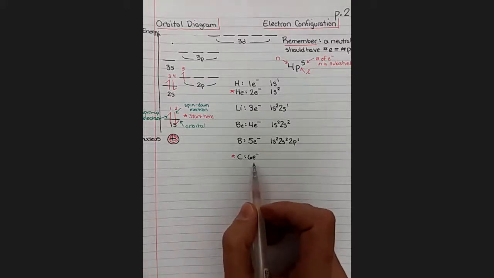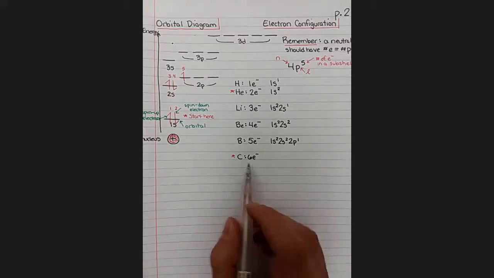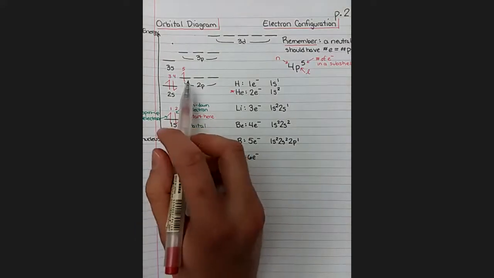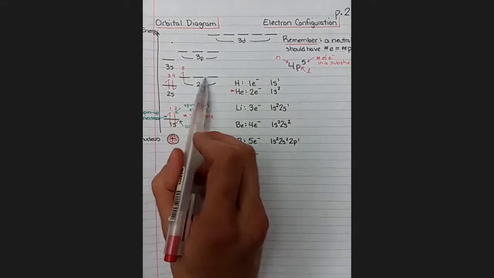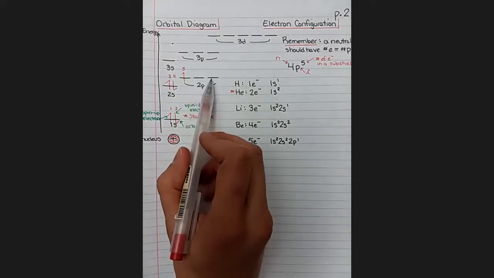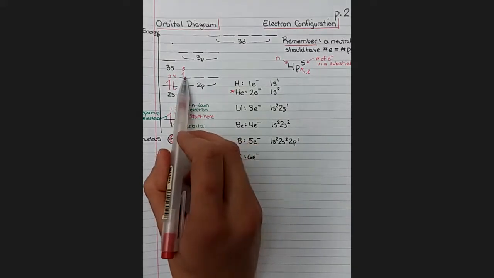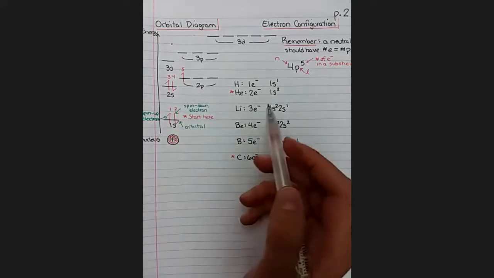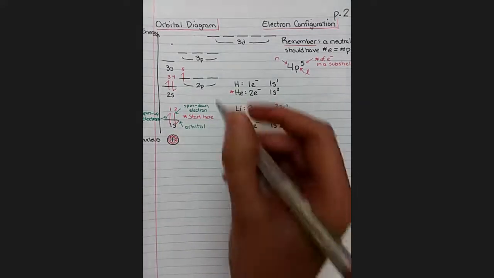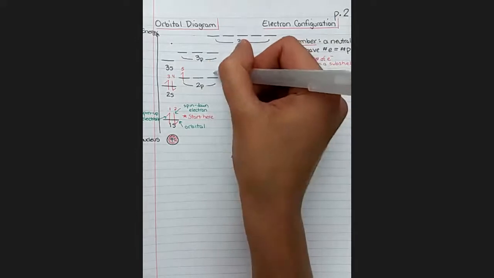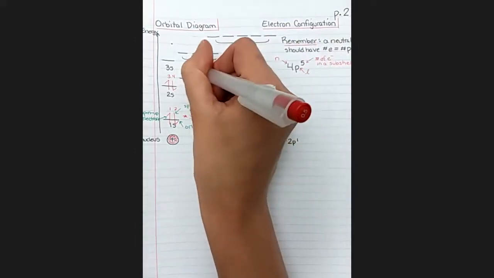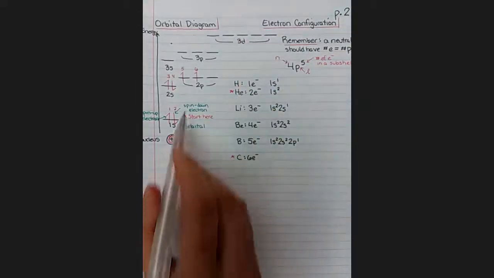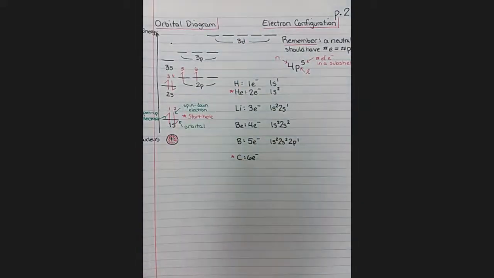So according to Hund's rule, when we're deciding where to put that sixth electron, we were told that it's a lower energy option to put the electrons individually into different orbitals rather than to double them up in the same orbital right away. So I can choose to put my sixth electron in the second orbital or the third orbital. It doesn't matter which one because they're the same energy. So I'm just going to pick the second one.